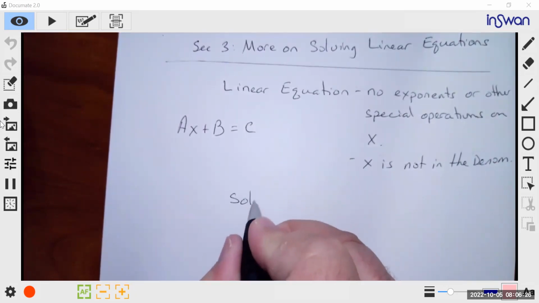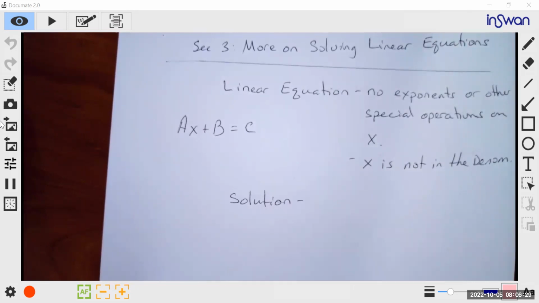When we talk about a solution to a linear equation, what are we talking about? When you say solution, what does it really mean?